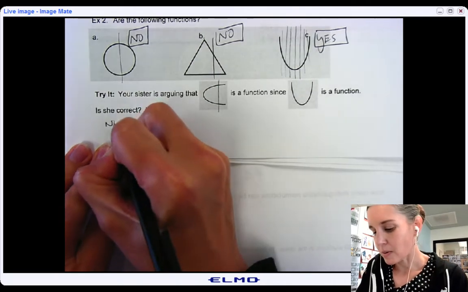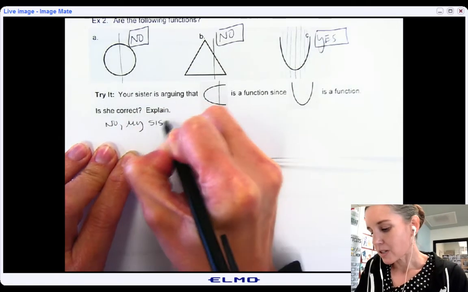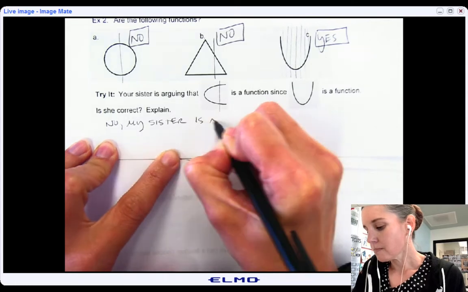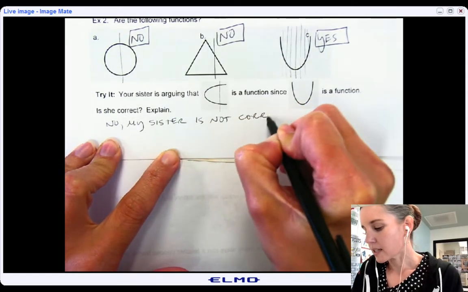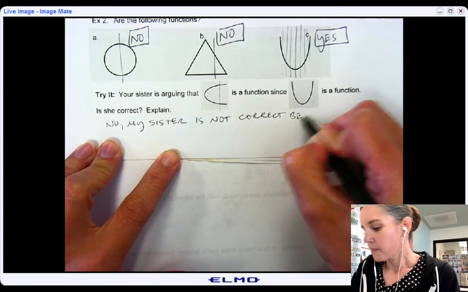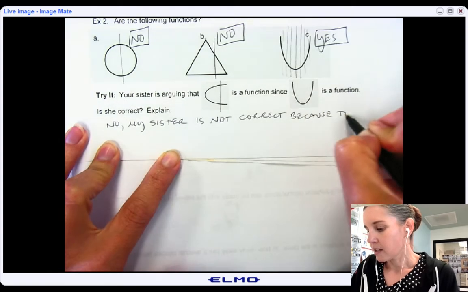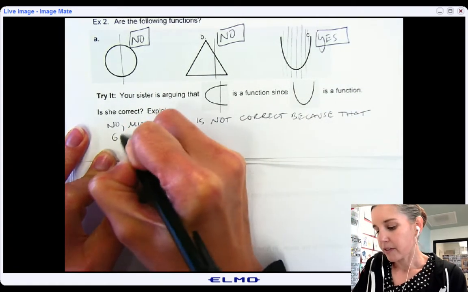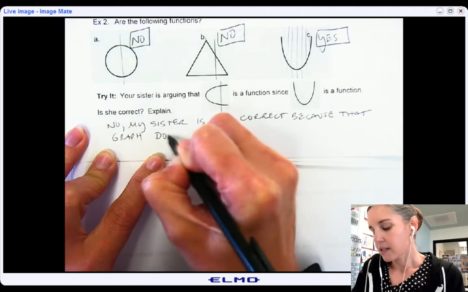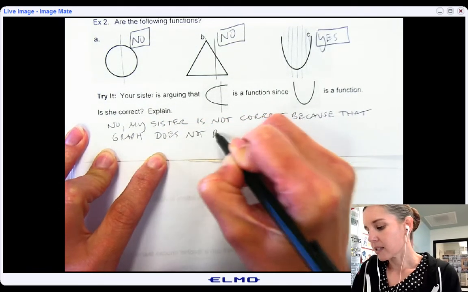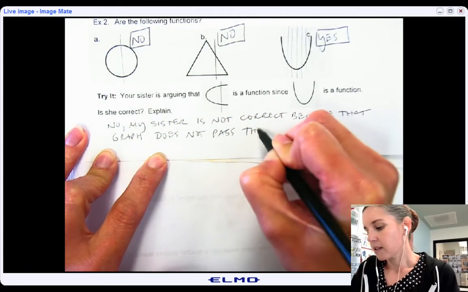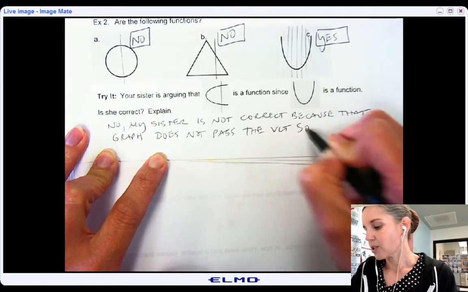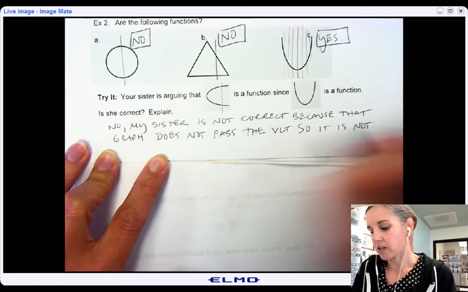So you would say, no, my sister is not correct because that graph does not pass the vertical line test, so it is not a function.